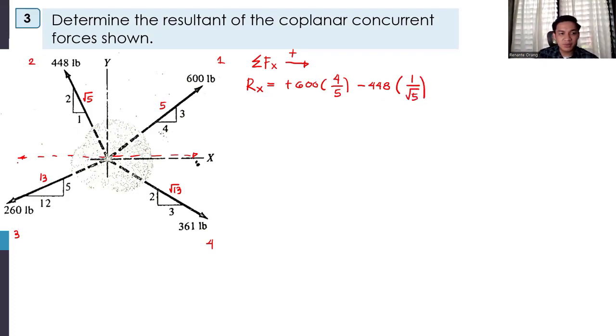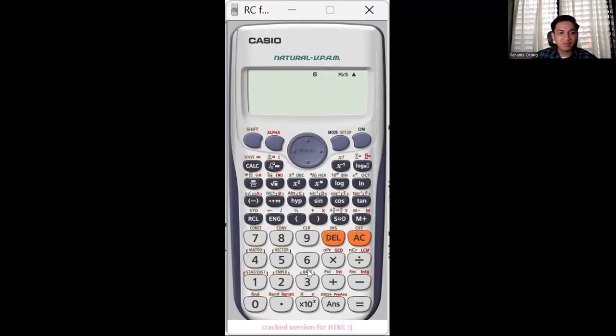Next is force 3. It is also going to our left side. So this is negative 260 multiplied by the horizontal side of the triangle, which is 12. So that is 12 divided by hypotenuse 13. Last is this force. It is going to our right side. So this is positive 361 multiplied by the horizontal side of the triangle, which is 3, divided by its hypotenuse square root of 13. Input everything.